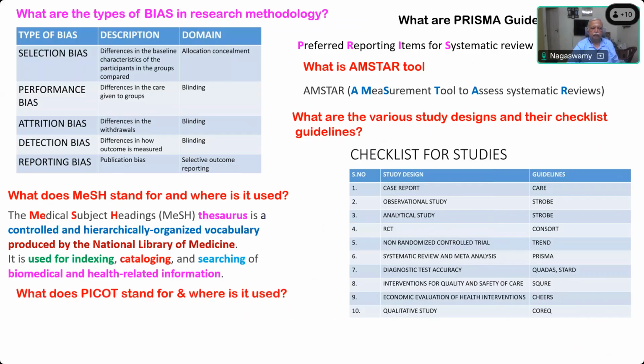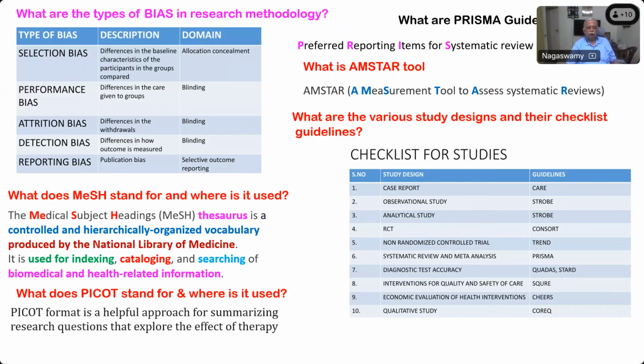Now, what does PICOT stand for? Where is it used? Some of you may know this if you have prepared for your exam from the research and methodology angle. PICOT is an acronym for a helpful approach for summarizing research questions that explore the effect of a therapy.